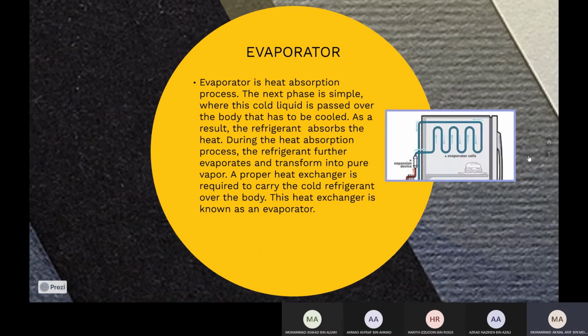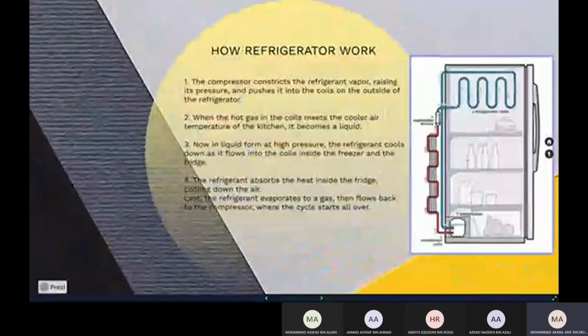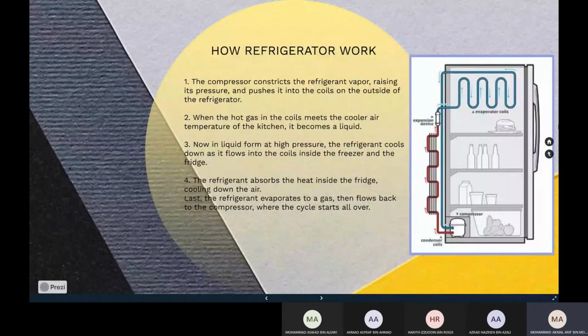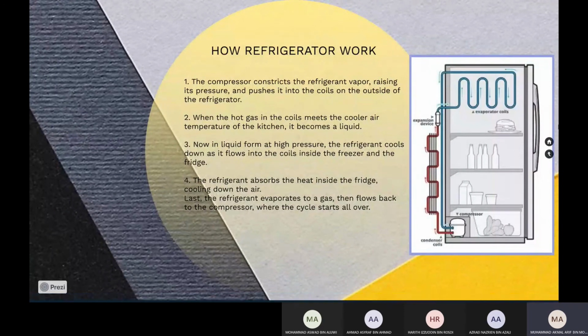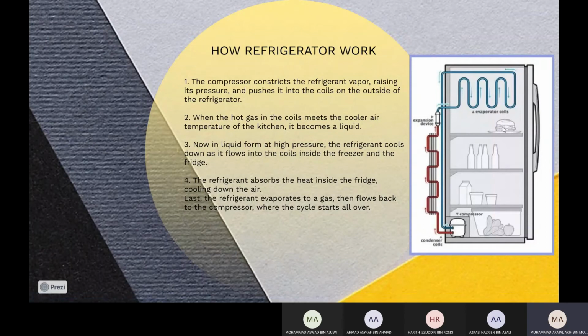So, how does a refrigerator work? Firstly, the compressor constricts the refrigerant vapor, raising its temperature, and pushes it into the coil on the outside of the refrigerator. Next, when the hot gas in the coil meets the cooler air temperature of the kitchen, it becomes liquid.